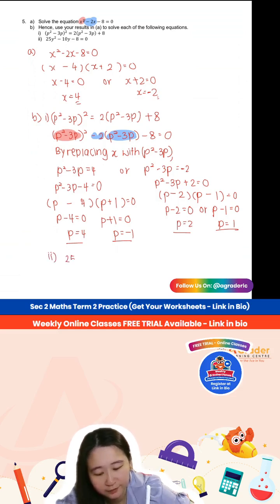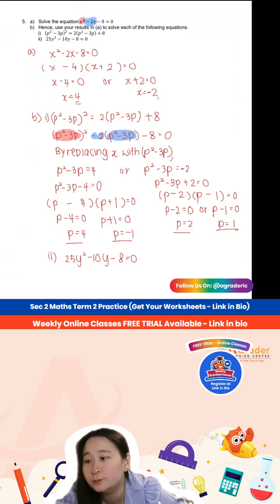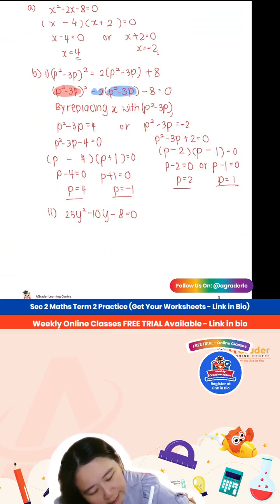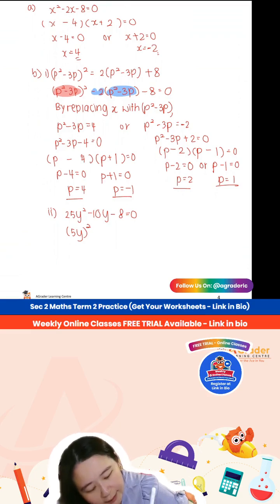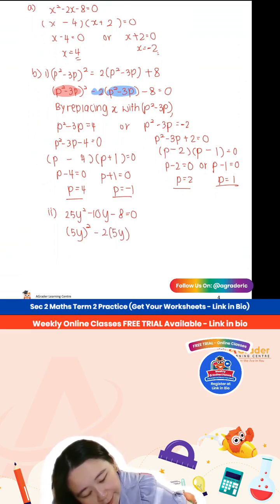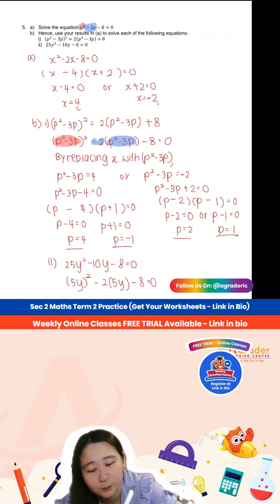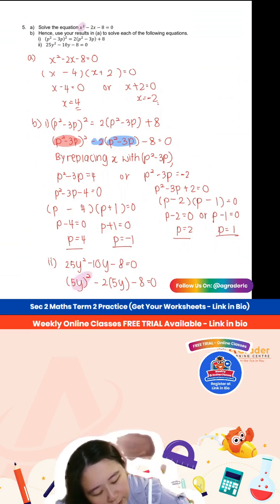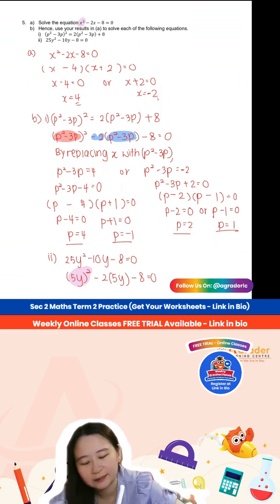Part 2, 25y squared minus 10y minus 8 equals 0. So you can simplify them first. So this is like 5y, the whole thing squared, minus 2 times 5y minus 8 equals 0. Try to rewrite the format so that you can compare with the original equation here. Try to relate. So when you compare this first term here, x seems to be 5y. Then we look at the second term.